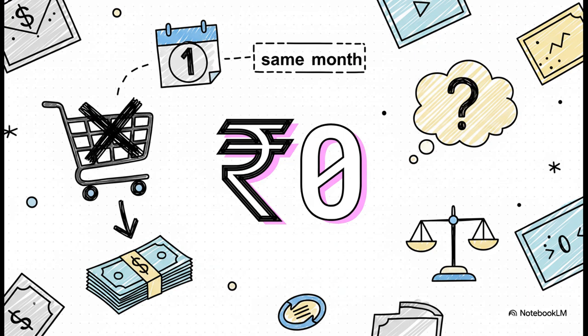Imagine you score a 5,000 rupees order. Awesome. But then later in that exact same month, the order gets canceled and you refund the buyer. What happens to your revenue for GST purposes? It becomes exactly zero. The biggest mistake sellers make here is adding that 5,000 rupees to their revenue, completely ignoring the cancellation, and basically paying tax on money they already gave back. If it happens in the same month, your net taxable sale is zero.